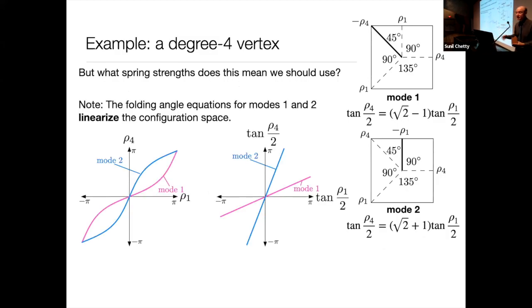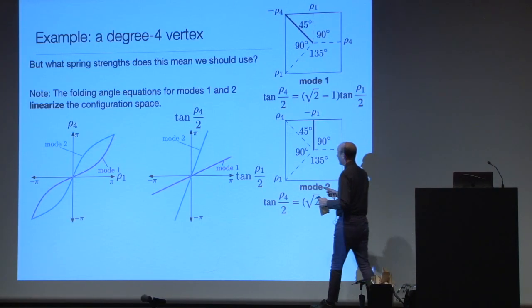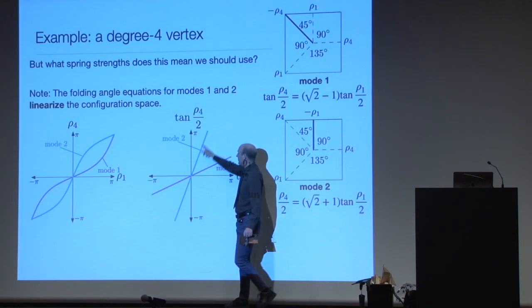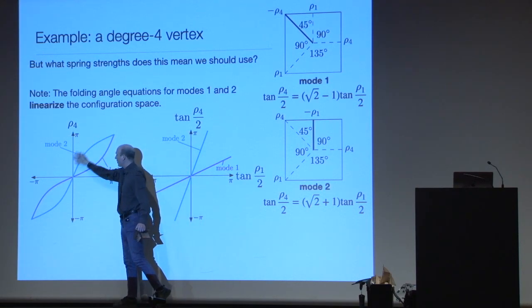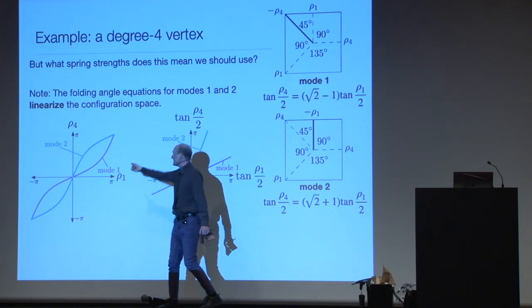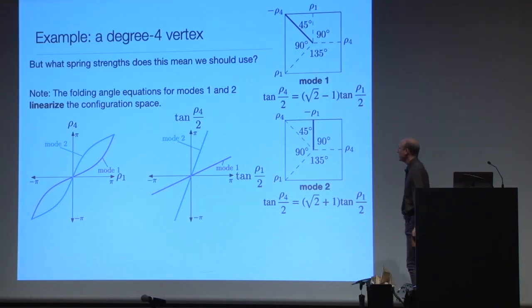Well, these pictures are more accurate. Here we're taking advantage of what I said before, that if we reparameterize by the tangent of half the folding angle, it linearizes these curves. If I just plot row 1 and row 4, these are the actual curves they get. This is not a cartoon. That's what they really look like if I project into the row 1, row 4 plane.